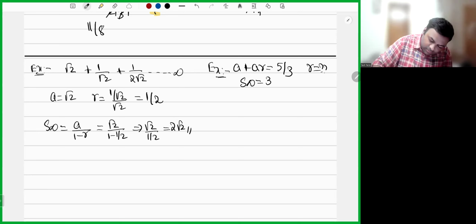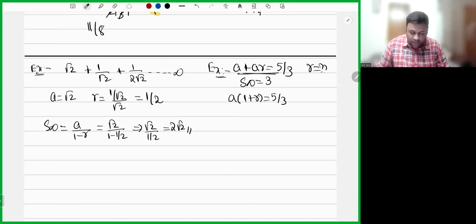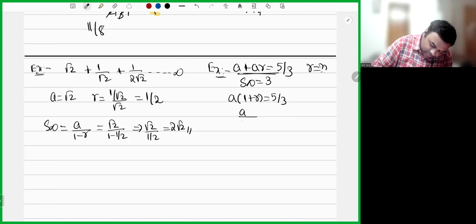Next. Here if you see, I'll take A common. A into 1 plus R is equals to 5 by 3. Right? S infinity. How will you get S infinity? A divided by 1 minus R is equals to 3. Right? I'll do cross multiplication.